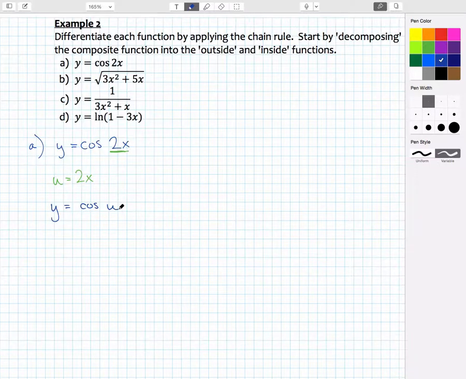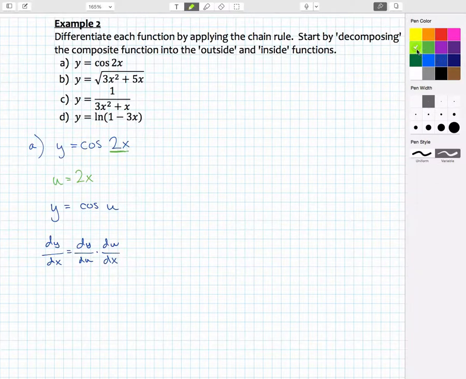And if we remember, I'll just write it again, maybe not every time, but for now, dy dx in Leibniz form is, remember, dy du times du dx. So we just need to take the derivative of both of these.